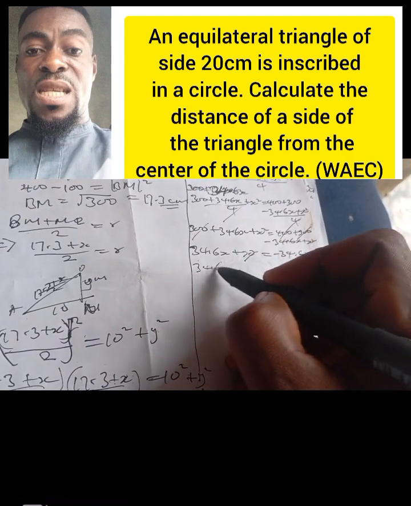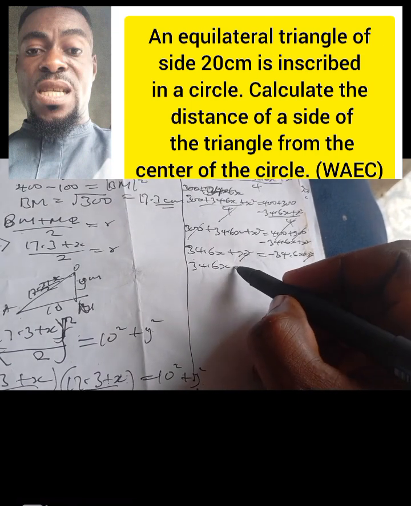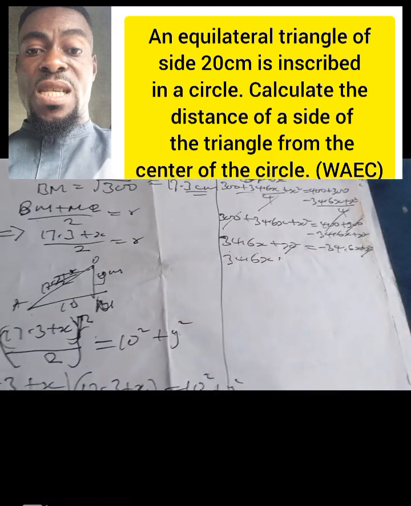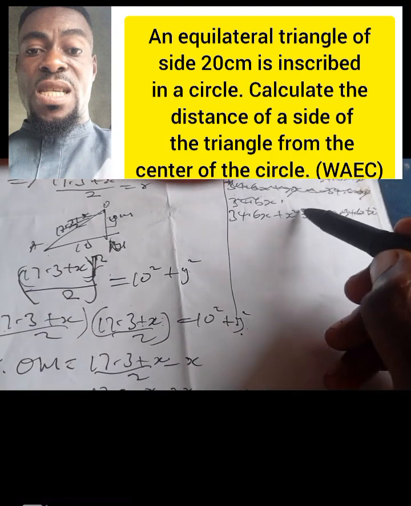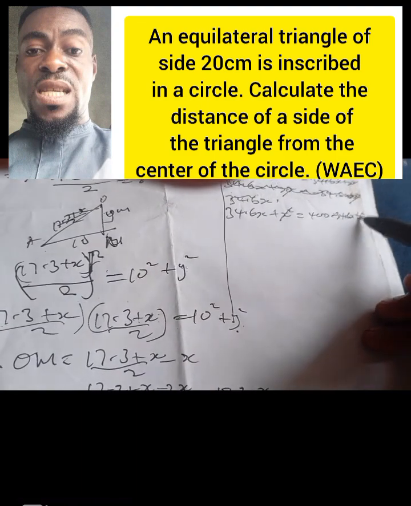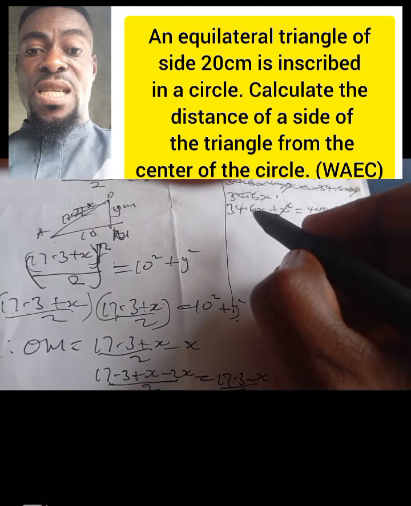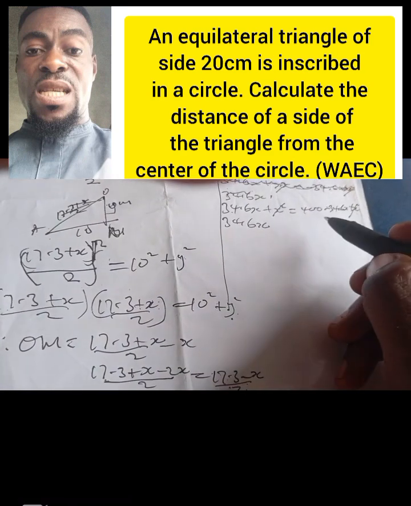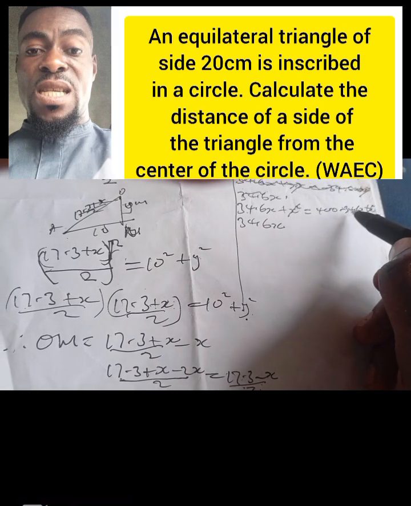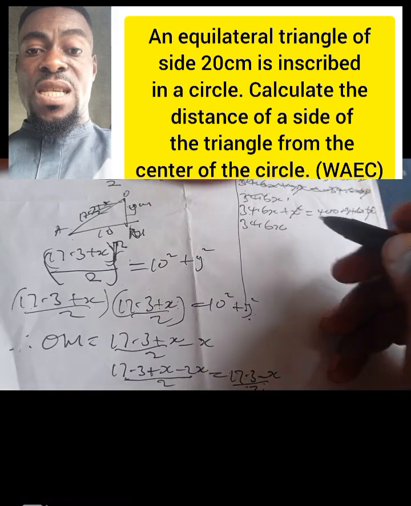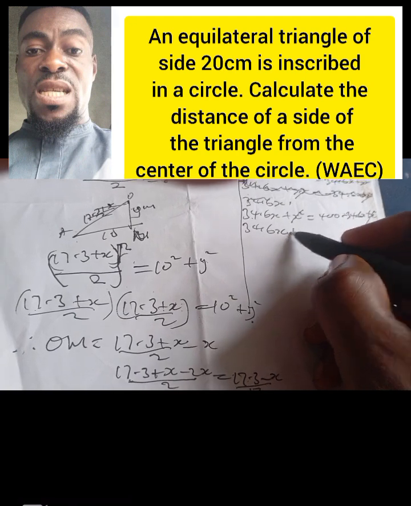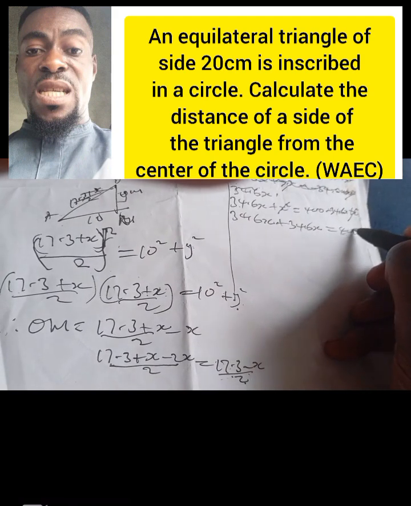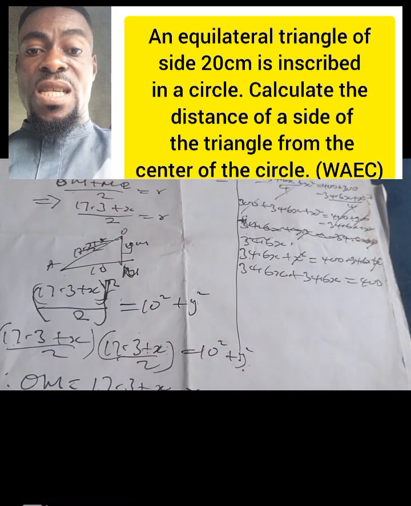What is left is 34.6x. So now we cancel this x squared, and we have 34.6x. Then if we collect like terms for this one to come over here, we'll have plus 34.6x again is equal to 400.